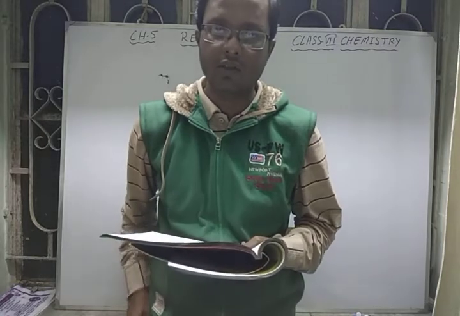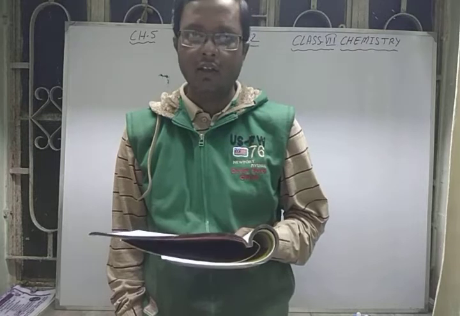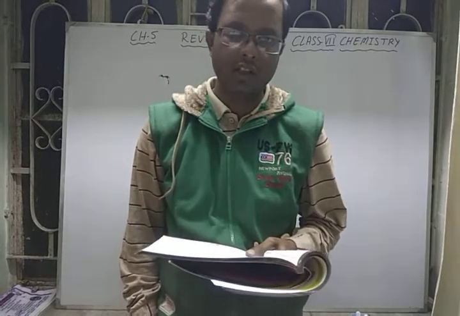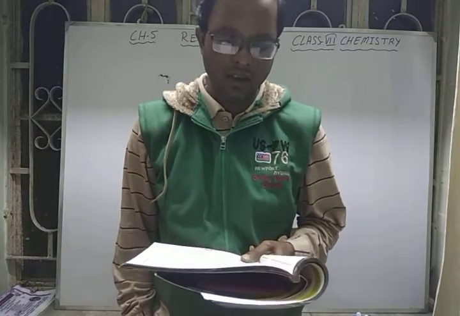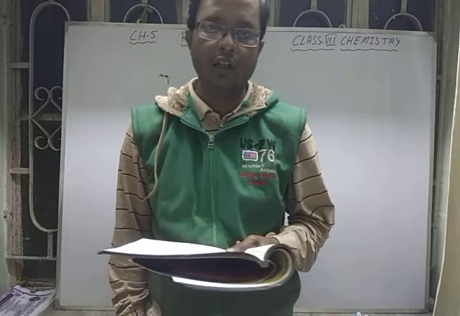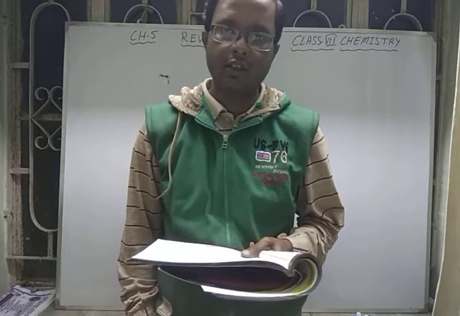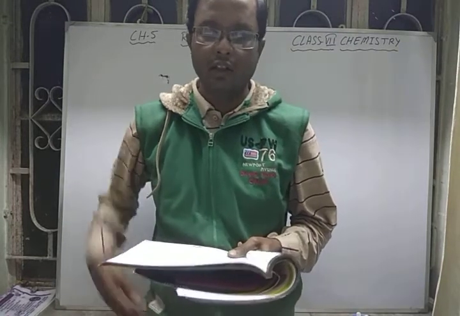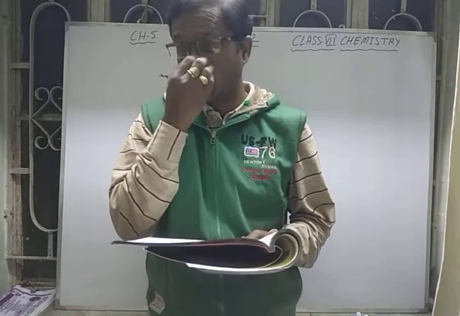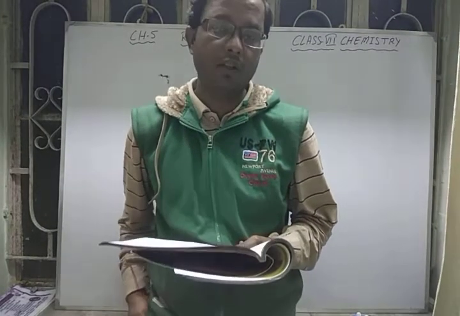What are chemical equations? When a chemical reaction takes place, the symbolic representation of the chemical reaction with the help of chemical formulas is called a chemical equation. So a chemical equation has two parts. The left hand side is called the reactant part and the right hand side is called the product part.